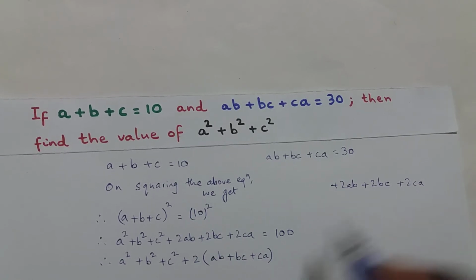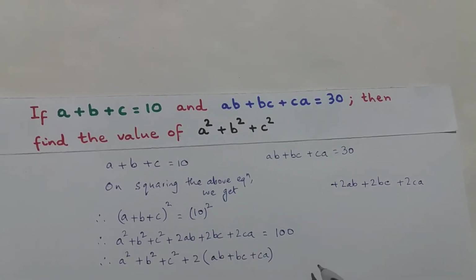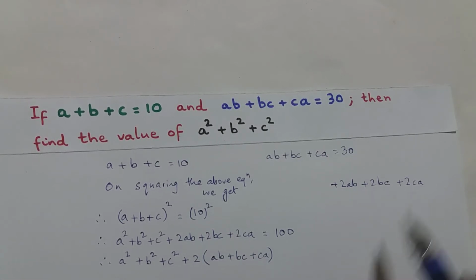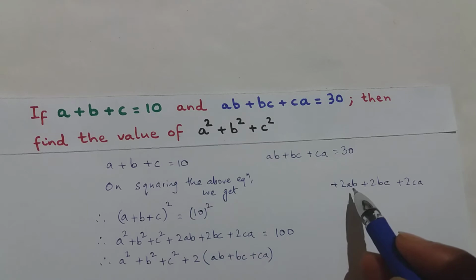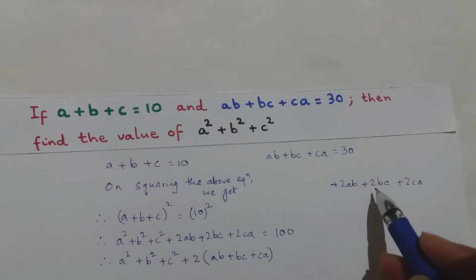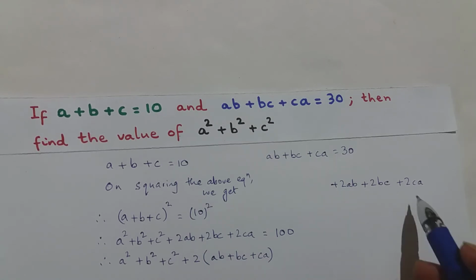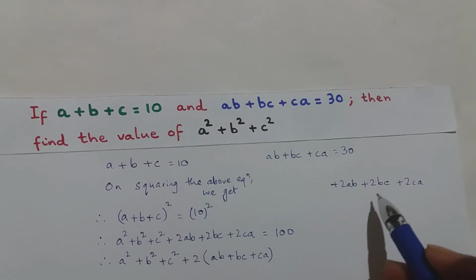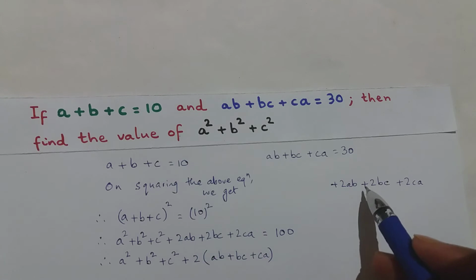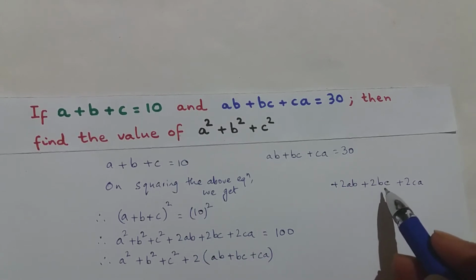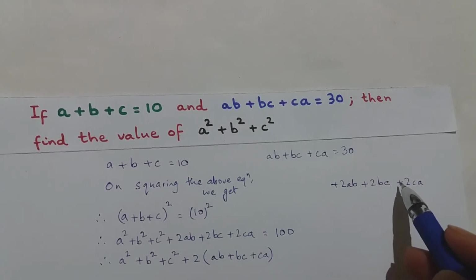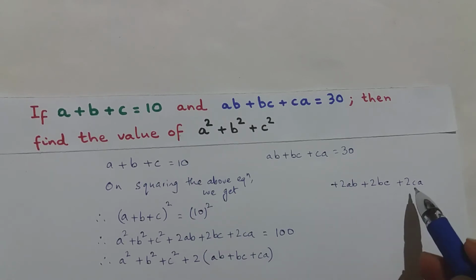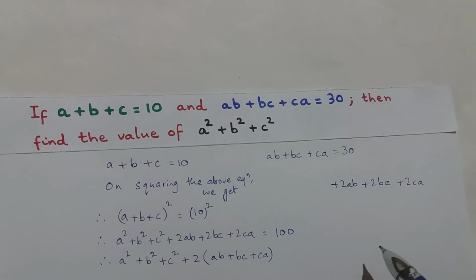In this expression there are 3 terms: plus 2AB is the first term, 2BC is the second term, and 2CA is the third term. The first term and the second term are separated by a plus sign, and the second term and the third term are also separated by a plus sign.